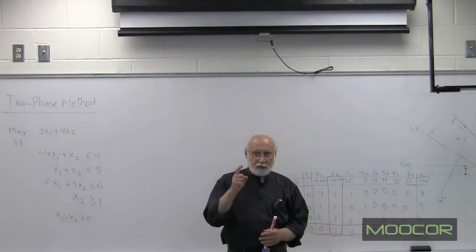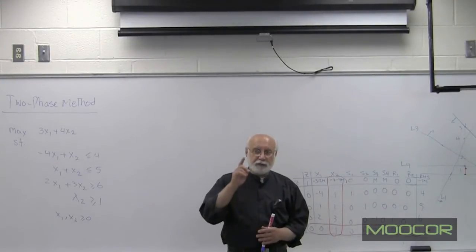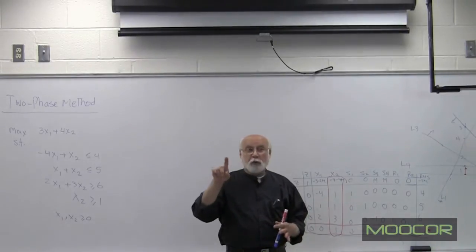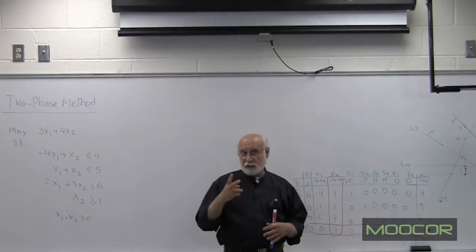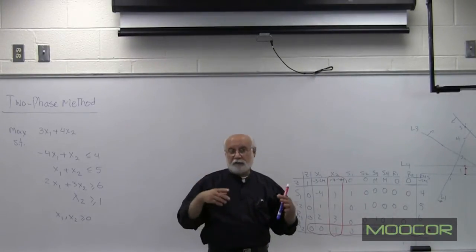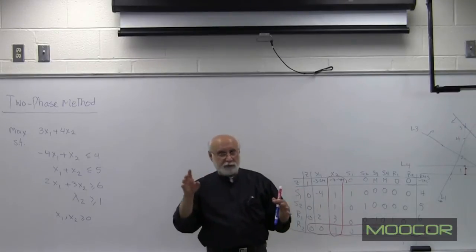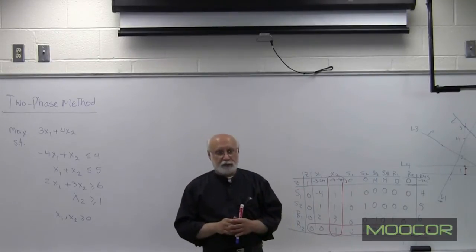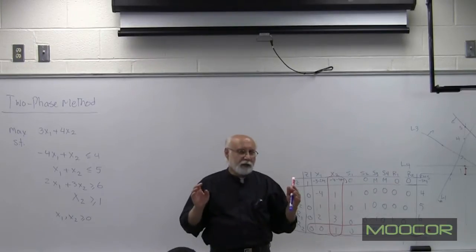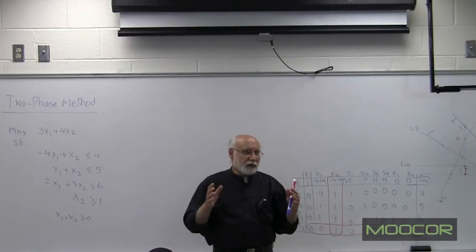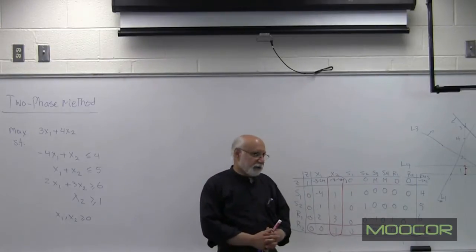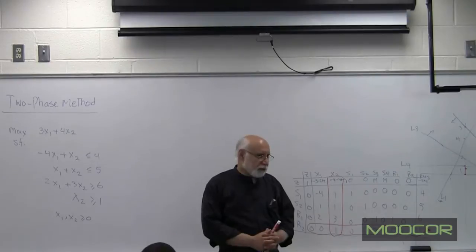If we have one artificial variable, it would be z, we call it z prime, equal R1. If we have 2, it would be R1 plus R2. If we have 3, it's R1 plus R2 plus R3. So this new objective function is simply the summation of all the artificial variables that I have introduced into the problem.